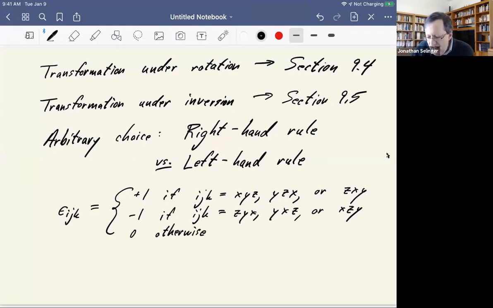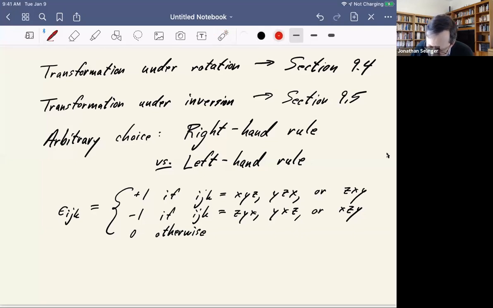This symbol has the same arbitrariness as the right-hand rule versus the left-hand rule. Basically, the right-hand rule goes into the choice of which of these things is +1 and which of those things is -1. If we were to switch from the right-hand rule to the left-hand rule, then we would have a different definition of epsilon.